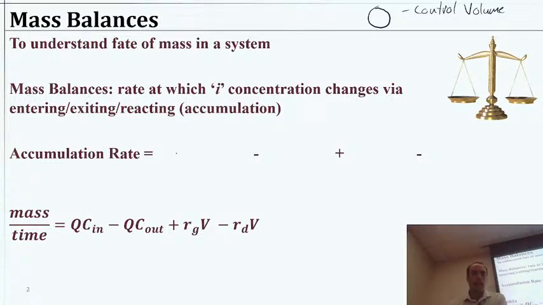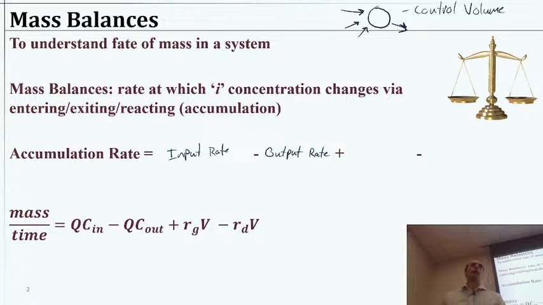So we could write that as the total accumulation rate would be equal to any input rates, or a net input rate. We could have more than one input, potentially many inputs, minus any output rates, or a net output rate. This would be anything leaving that boundary.